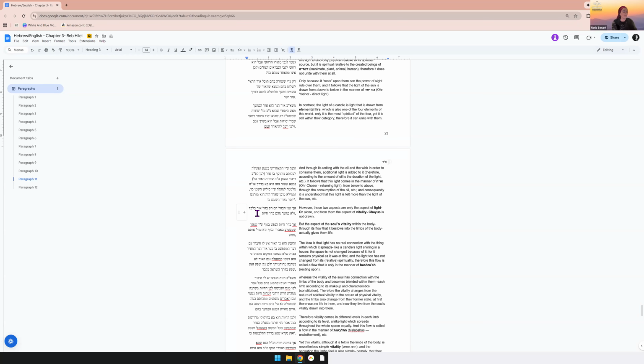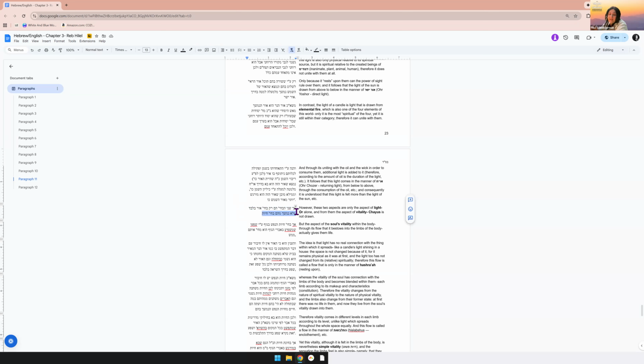Look, he does say very clearly that the light of the sun is only hashra. When he talks about the light of the candle, it's not clear that he uses that word. But let's see. Oh, yeah. Over here, if we look at page 24, right here, he also says that the candle is in the way of hashra. Also, yes.